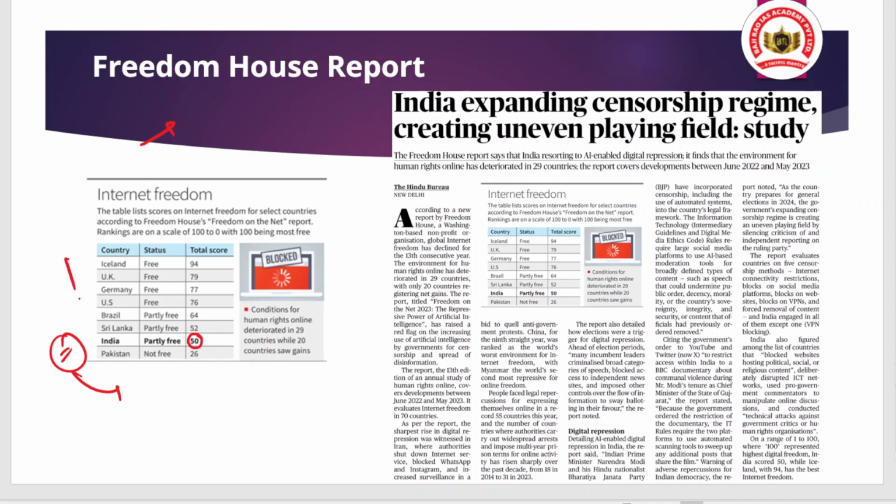When we talk about European countries like Iceland, UK, Germany, you can see the score of Iceland is 94 and UK 79. These are the countries that have been referred to as free. You can see that India is expanding its censorship regime, and it is creating an uneven playing field. That is the point I had highlighted, and you can mention it in the answer. So I have highlighted this topic.